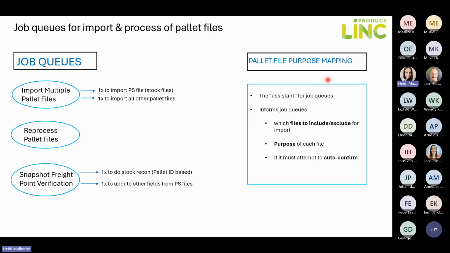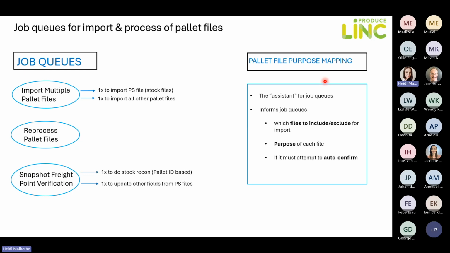And secondly, it is going to tell the job queue what the purpose of every file must be. You'll remember if you are in the habit of importing files one by one, where a person imports them, when you import it, you have to specify a purpose for that file. But when the files come in automatically, there isn't a user that can choose that purpose. So you need to set up some rules so that the system knows what purpose to assign to each file.